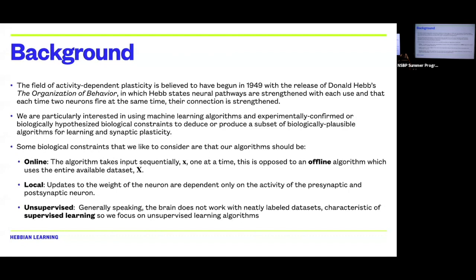We state that updates to the synaptic strength between two neurons, or the weight of the neurons, are dependent only on the activity of the presynaptic and postsynaptic neurons. The idea being that the synaptic strength between two neurons isn't dependent on what some faraway neuron is doing. And we generally work with unsupervised algorithms simply because the brain oftentimes doesn't work with very neatly labeled data sets.